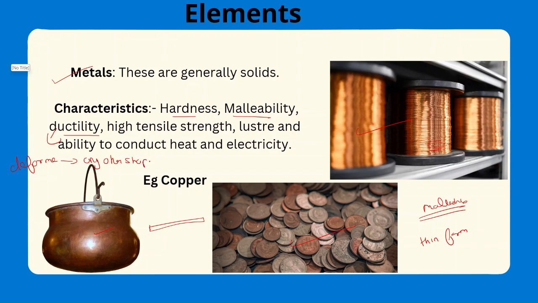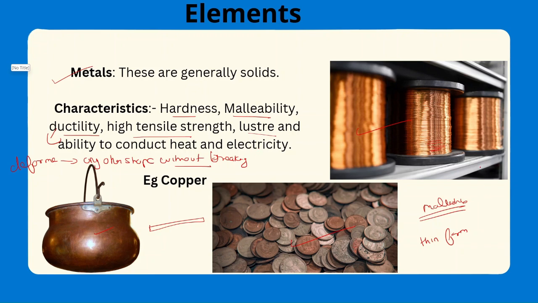So this ability of ductility helps the solid get into another shape without breaking. High tensile strength: it cannot break, so obviously it has high tensile strength. It is lustrous, shiny, and able to conduct heat and electricity.